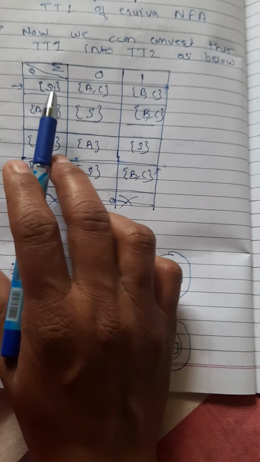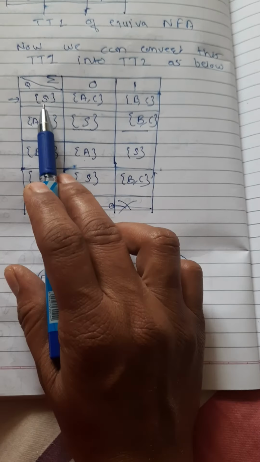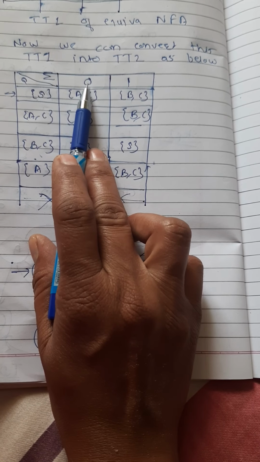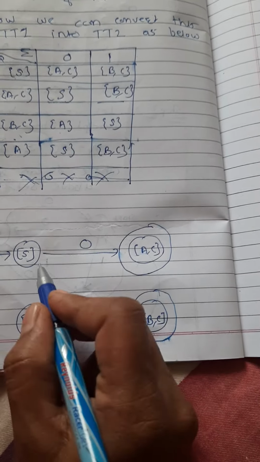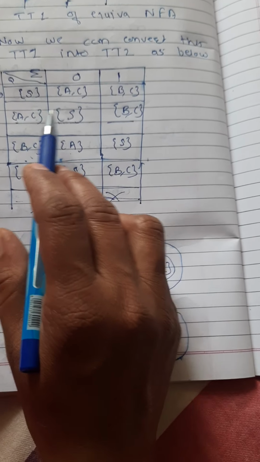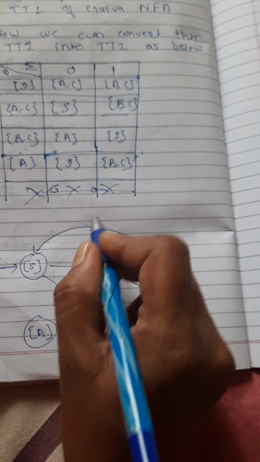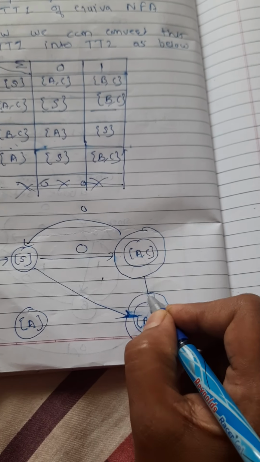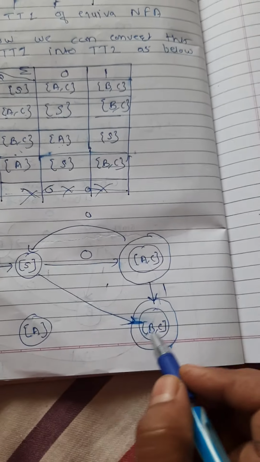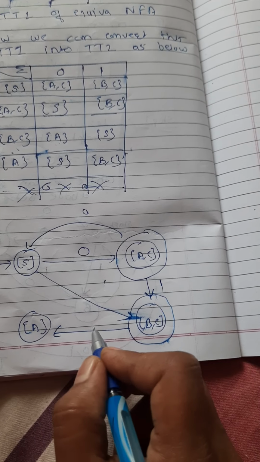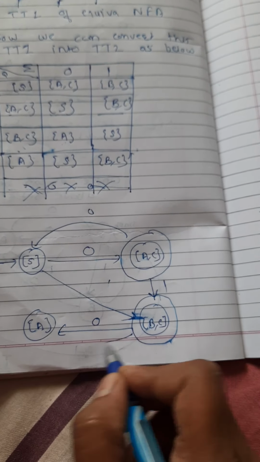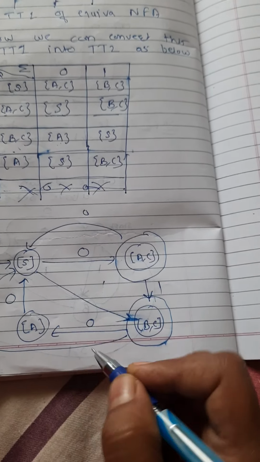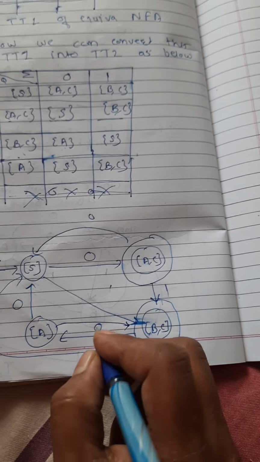Now mark the transitions in the diagram, from this subset to this subset for the 0. So S to AC on 0, then S to BC on 1, then AC to S on 0, then AC to BC on 1, then BC to A on 0, then BC to S on 1, then A to S on 0, and then A to BC, that is nothing but the 1.